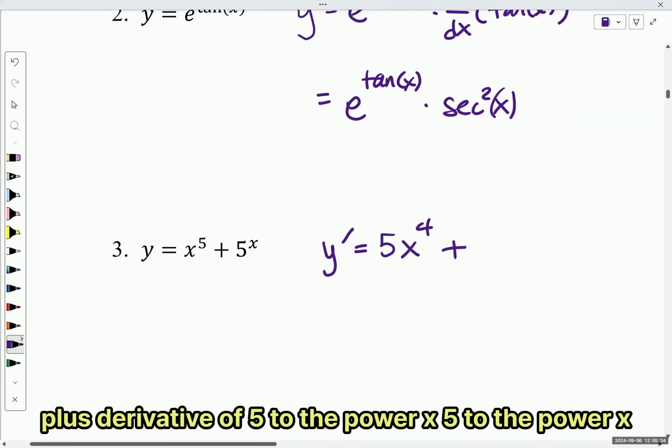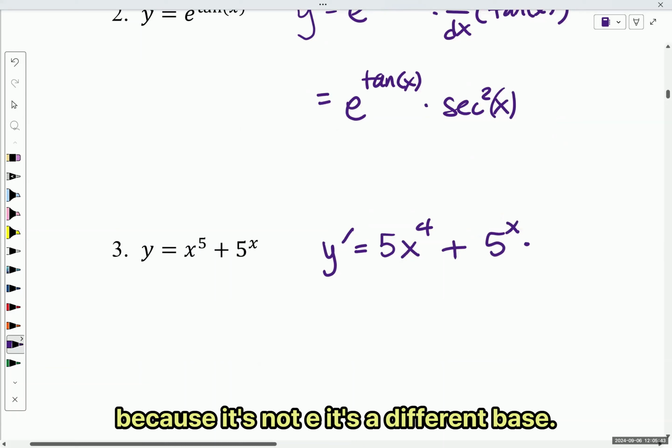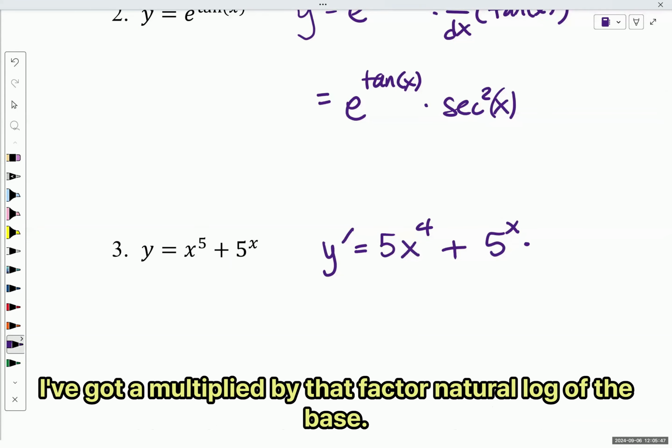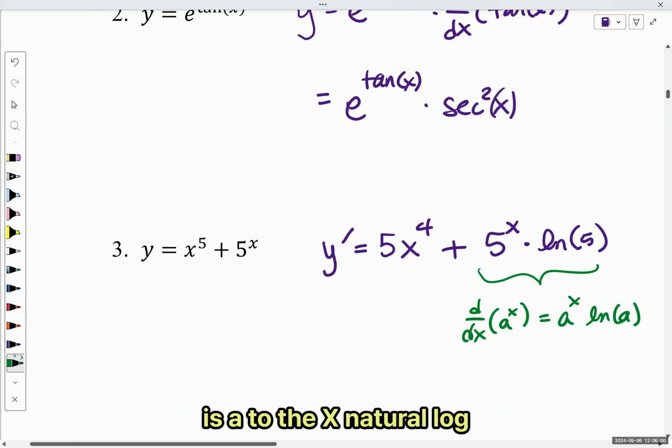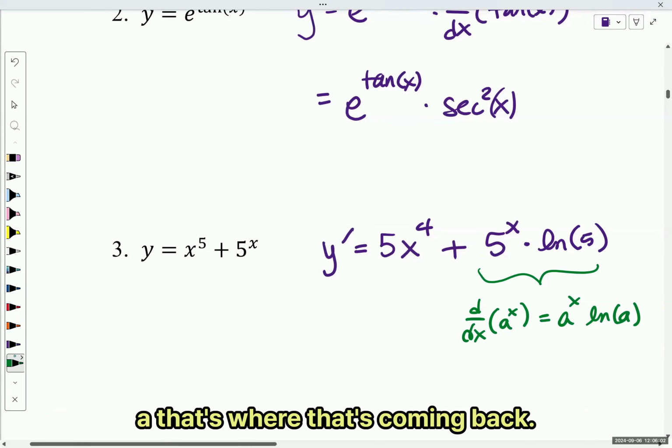Plus the derivative of 5 to the power x. Because it's not e, it's a different base, I've got to multiply by that factor, the natural log of the base. This is coming from the derivative of a to the x is a to the x natural log a. That's where that's coming from.